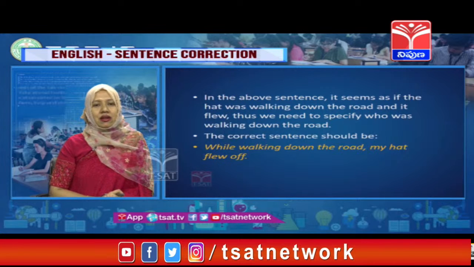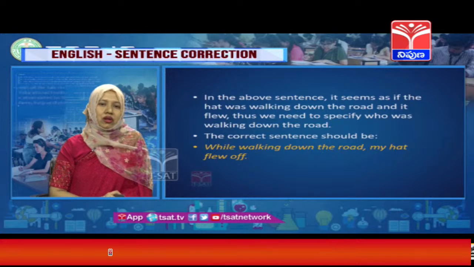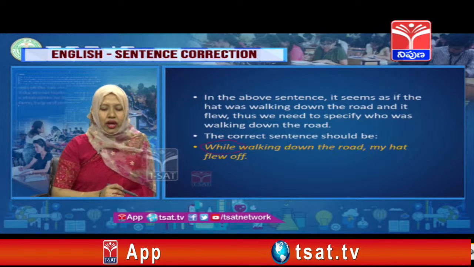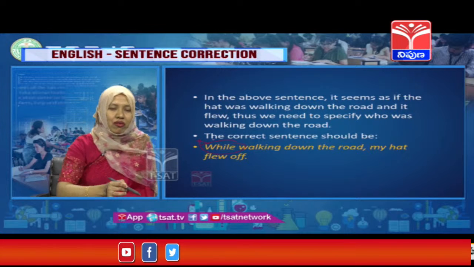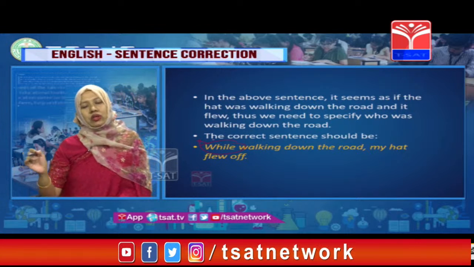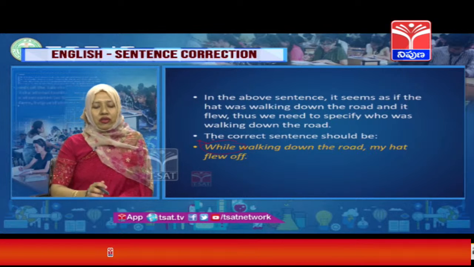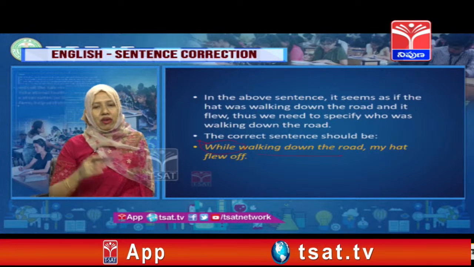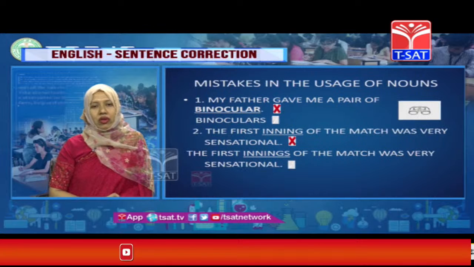We think that the hat was walking down the road and it flew away, which is wrong. The correct sentence should be: while walking down the road, my hat flew off. So here, without using the word while, walking down the road, my hat flew off, it gives the same meaning. But you have to understand, here somebody is walking, you are walking down the road, and while walking, due to wind, the hat flew off.